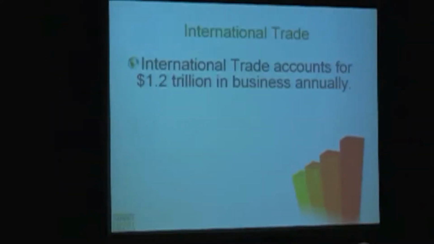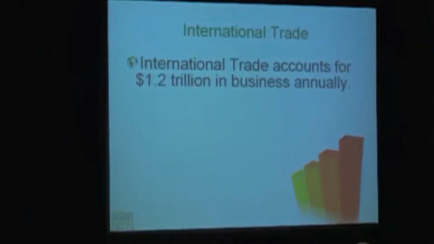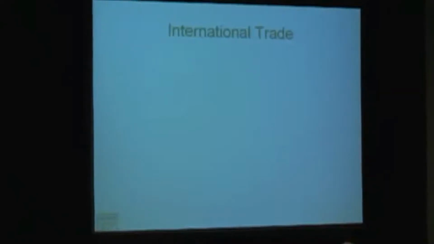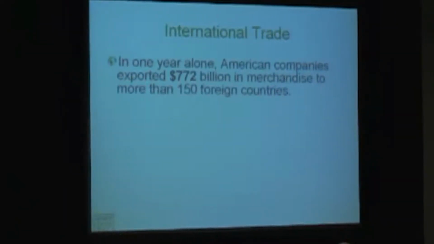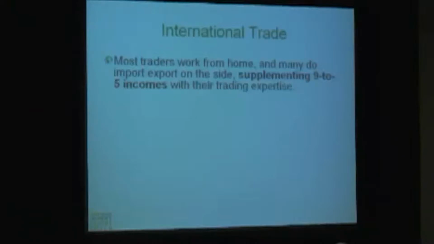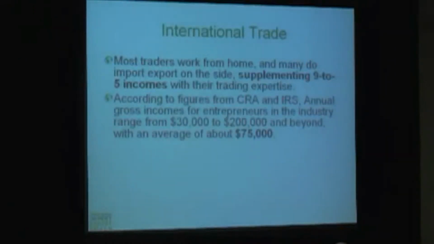So international trade accounts for 1.2 trillion in business annually globally. Isn't that amazing? In the US, Americans exported 772 billion in merchandise last year, and Canada was 360. That's actually down about 100 billion from the year before. So that was just due to the economic conditions that took place. So many people do use import-export to supplement their 9-to-5.